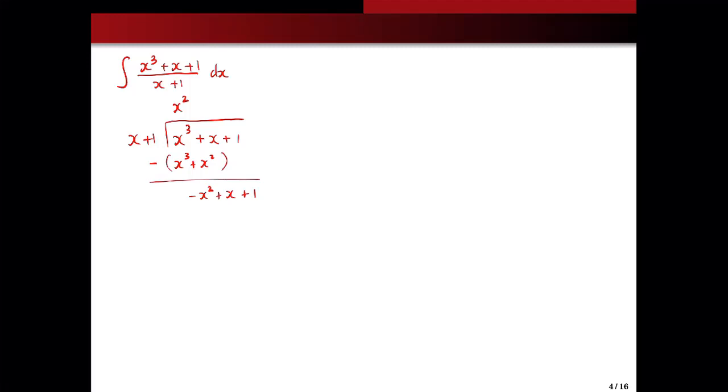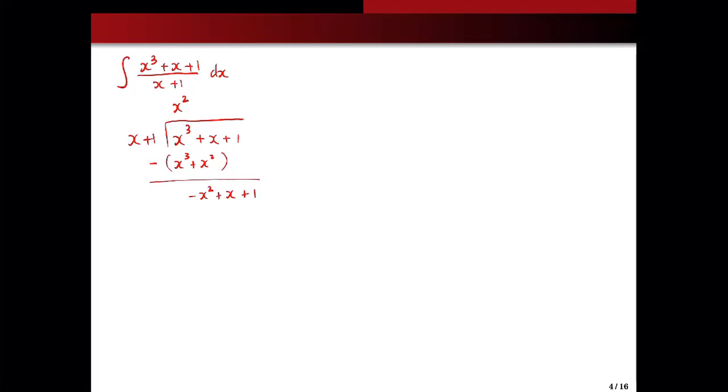Now, you check the difference. Now you look at the leading term after the subtraction. You check if the degree of the leading term is less than the degree of the divisor, your denominator here. If it is still greater than or equal, you continue the division.